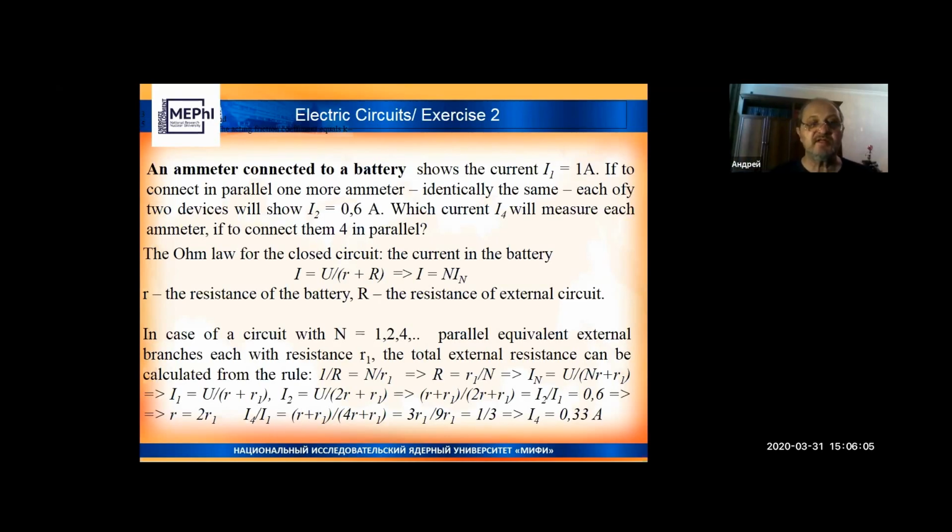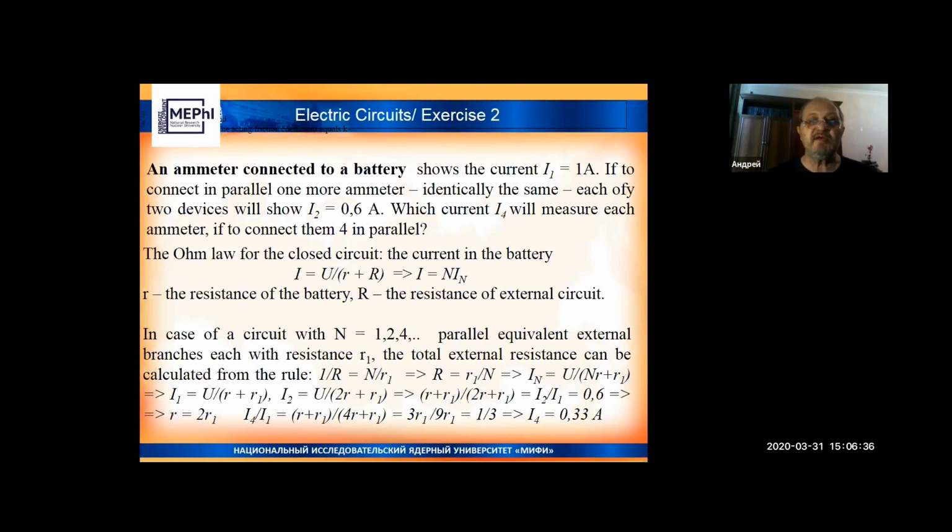It means that the resistance of 1 ammeter, we shall name it R1. Resistance of 2 ammeters will be twice as low. Resistance of 4 ammeters will be equal to 1/4 of R1. Resistances of many ammeters connected in parallel are definitely less than the resistance of each individual ammeter.